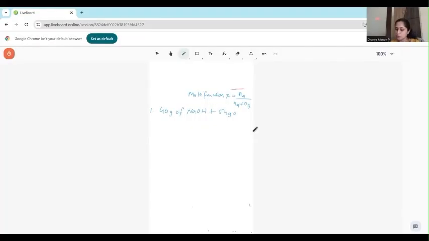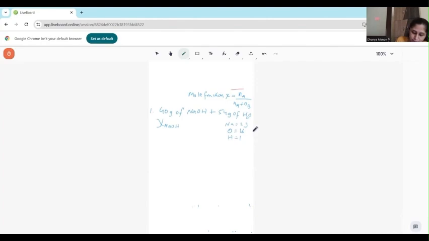Now, you need to find the Chi of NaOH. Okay, so Na is 23, oxygen is 16, hydrogen is 1. Our mixture is made up of sodium hydroxide and water. So Chi of NaOH, how do we find out?